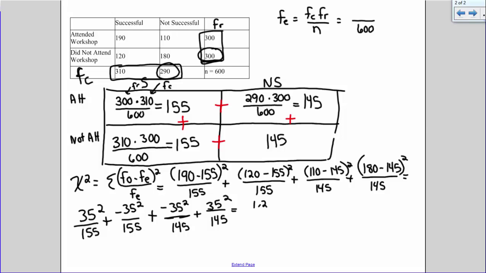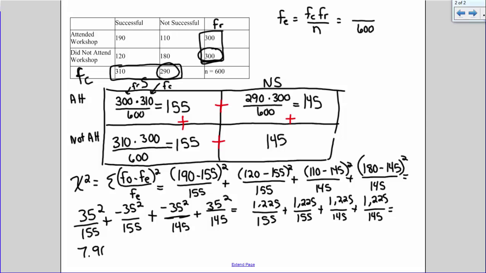So 1,225 divided by 155 plus 1,225 divided by 155 plus 1,225 divided by 145 plus 1,225 divided by 145. 1,225 divided by 155 is equal to 7.903, and we have two of those.